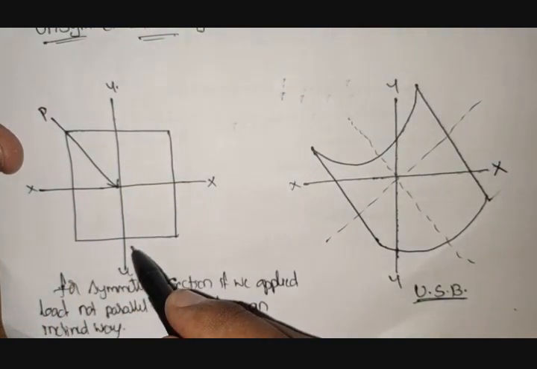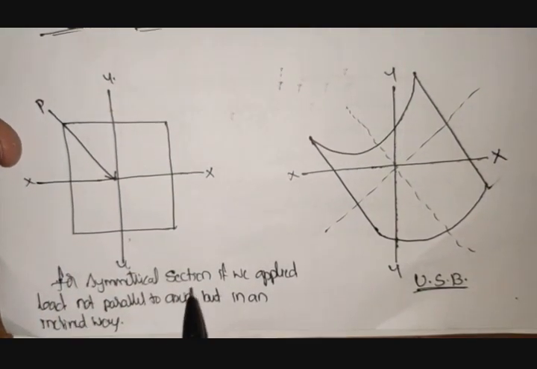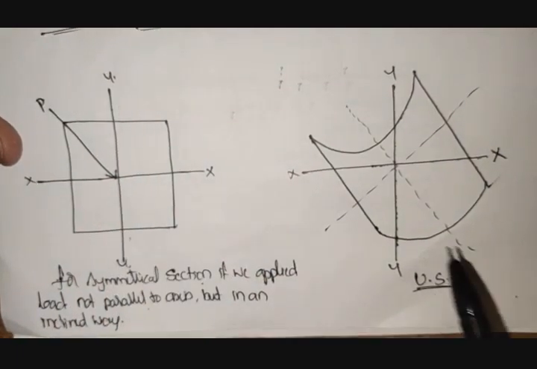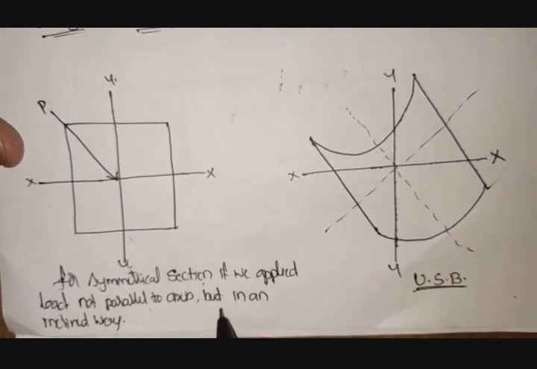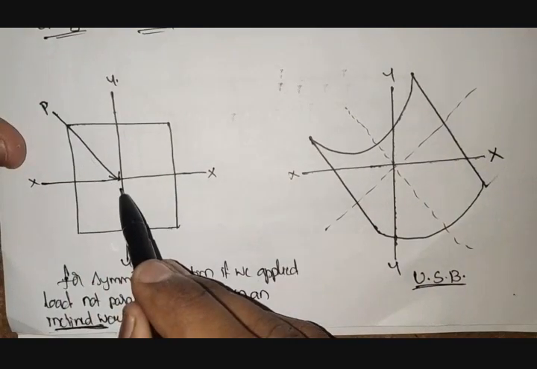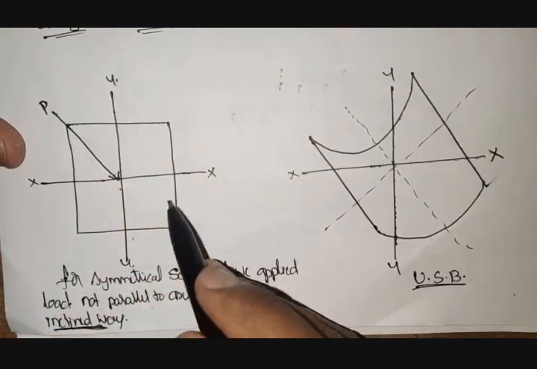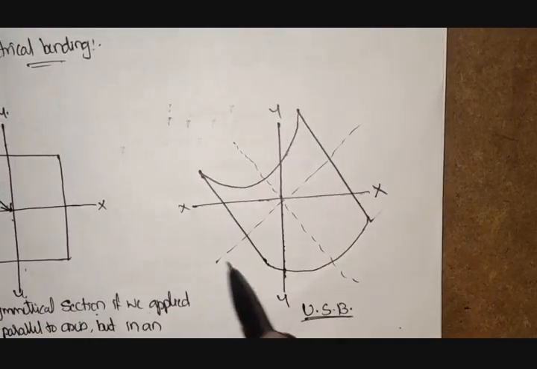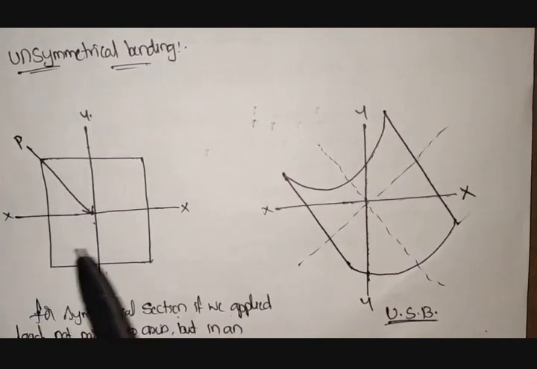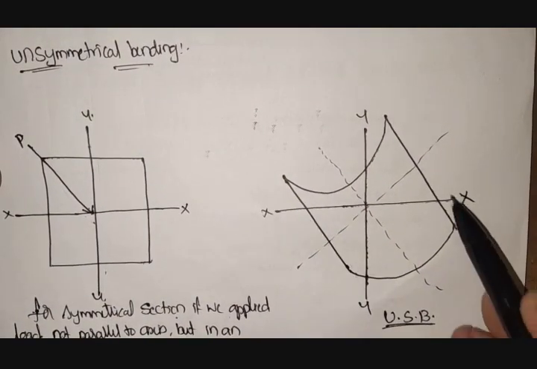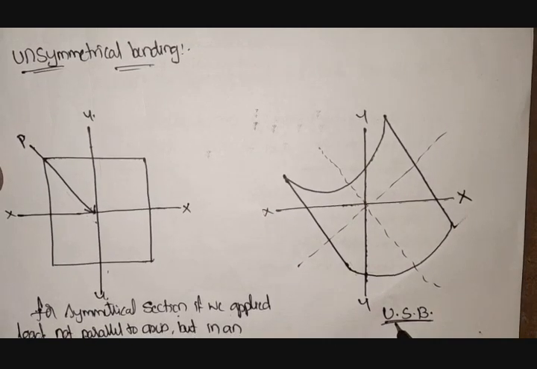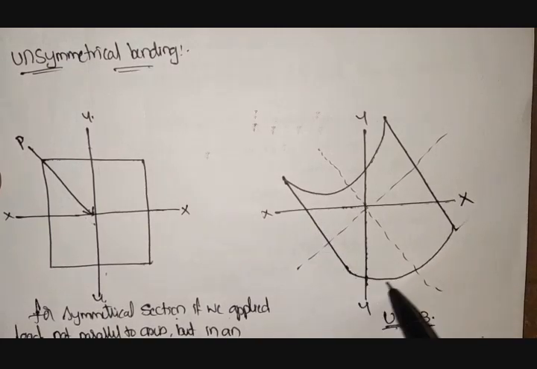So unsymmetrical bending is nothing but, for the same symmetrical section, if you apply the load not parallel to the axis or along the axis, but in an inclined way, then with the same axis it is going to bend in this direction. So this bending is known as unsymmetrical bending.